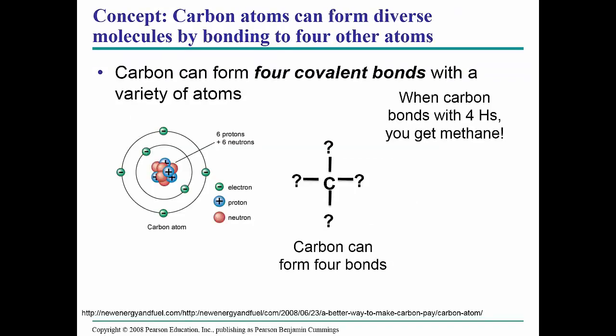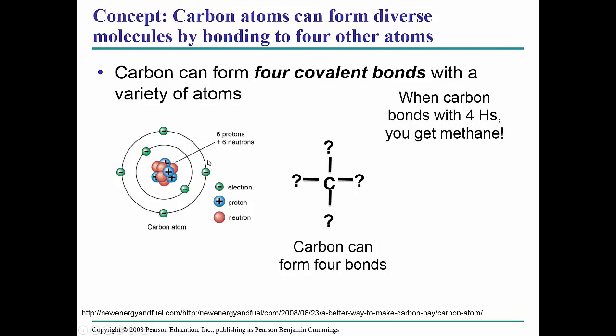So carbon can form bonds with a variety of atoms. Here's a carbon atom, you can see here on the left. It's got 6 protons, 6 neutrons, and 6 electrons. You can see the 2 electrons in the inner shell and the 4 electrons in the outer shell. And we talked about in Chapter 2 that a full outer shell would be 8.